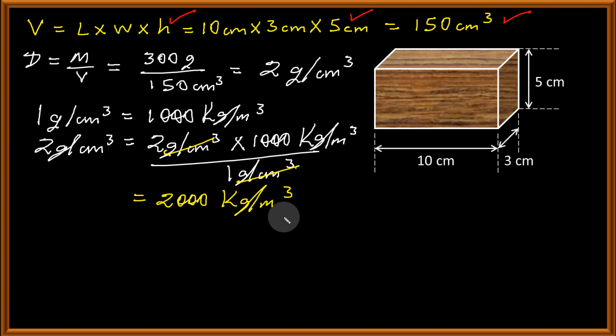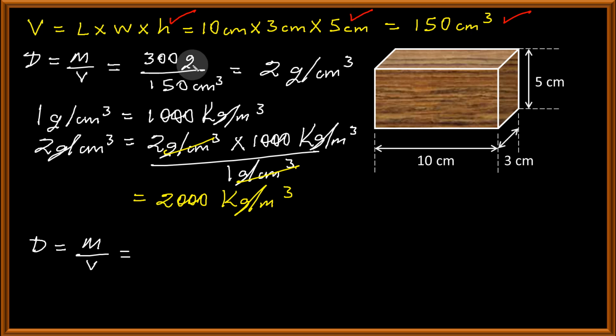Let's look at the second method of working out the same part. That is, we want to express this density in kilograms per meters cubed. The second method requires you to use the formula, which is mass over volume.